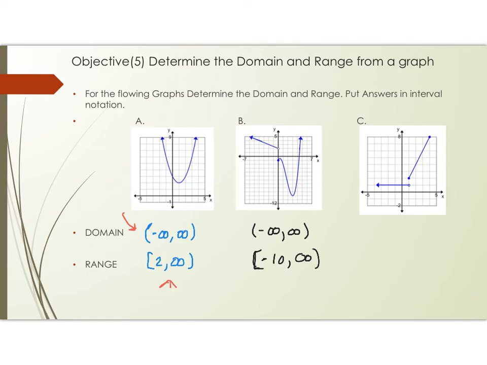C is a little on the tricky side in that there seems to be a closure point at 4 for x. So in this case, we have negative infinity going to 4. Actually, there's a bracket at 4, isn't there? And then we can see that our range is very interesting.